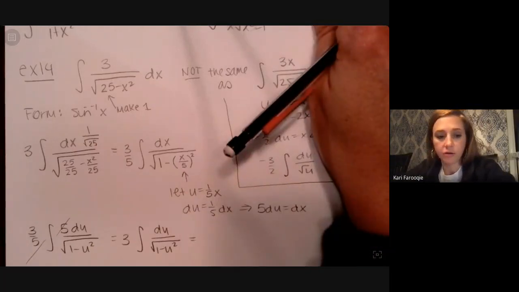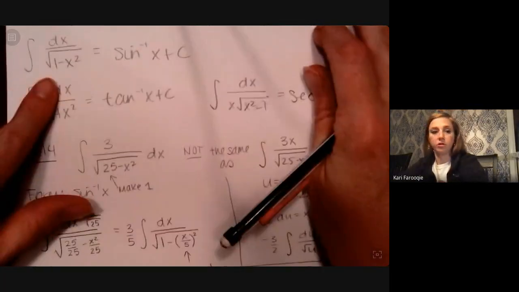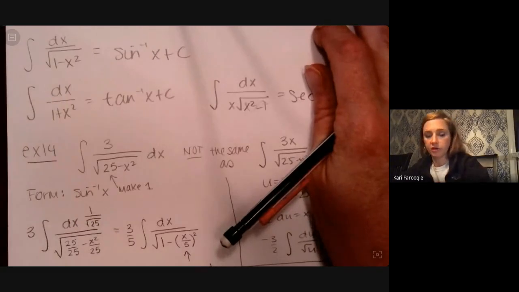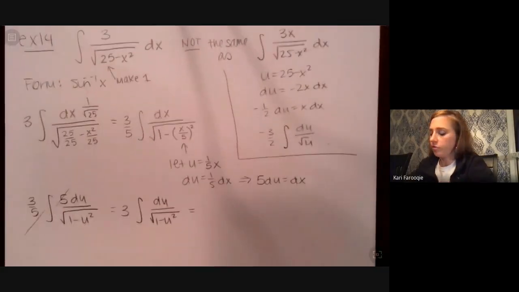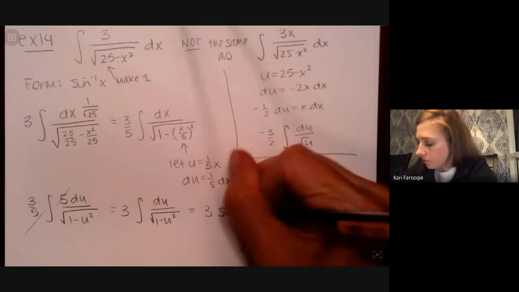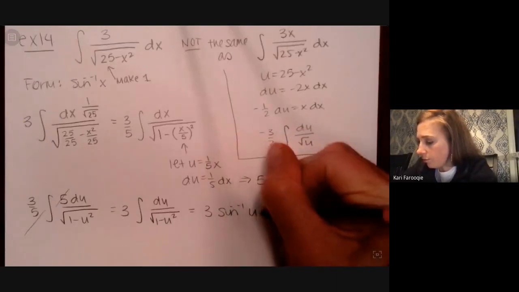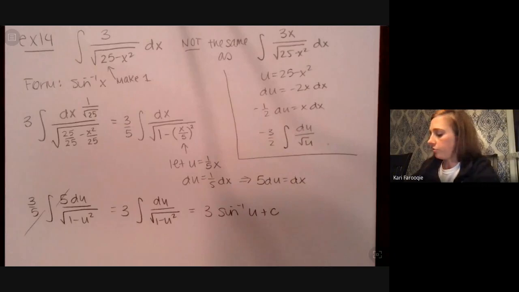Now you have exactly what you need for the inverse sine form. It's just that instead of x's, you have u's. So we'll say that we have 3 times the inverse sine of u plus c.